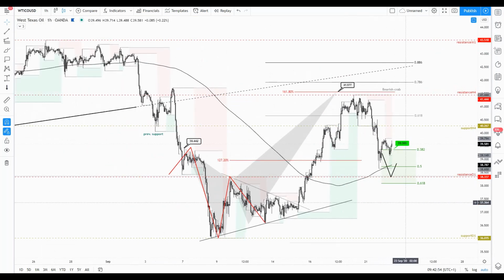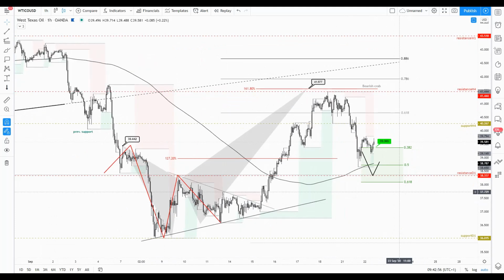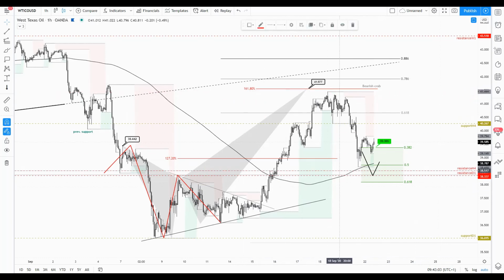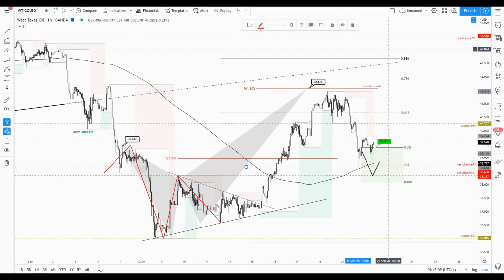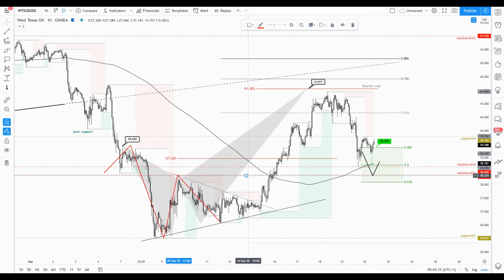So crude oil. I shared yesterday the potential retest of this daily fractal. Basically we have a new fractal support here, the most recent fractal support, a 4 hours fractal. Where is my resistance? We have a fractal resistance there, and the daily resistance was adjusted to these previous structure highs.